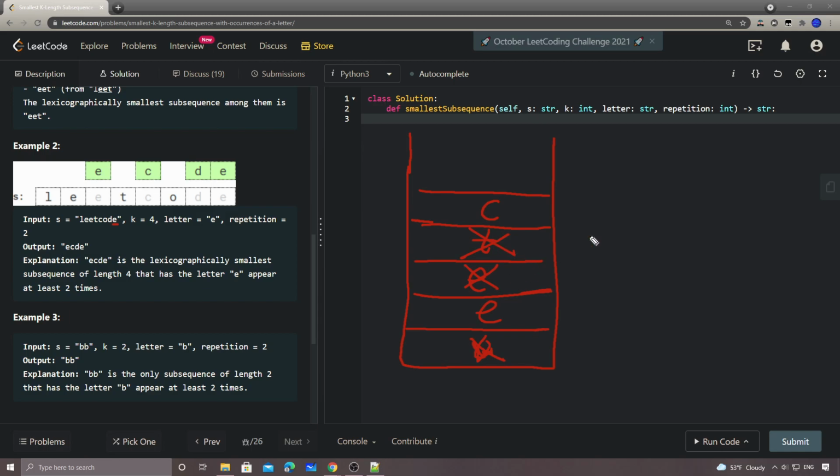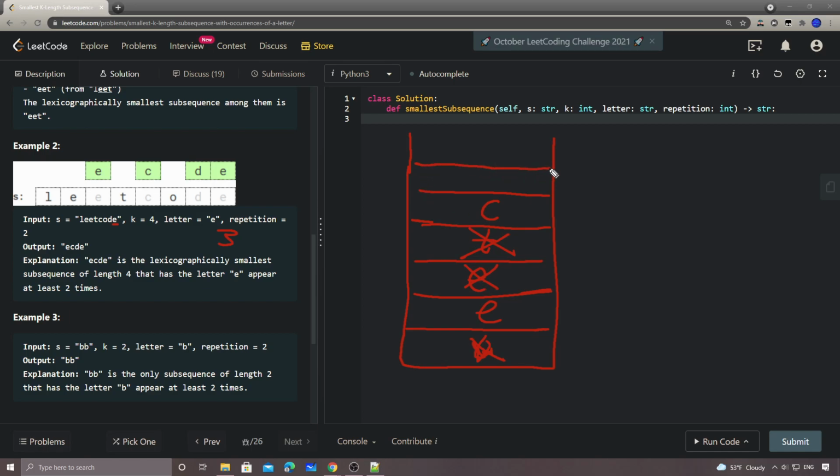That's why we can pop this E out. If the repetition is equal to 3, then we cannot pop this E. So we pop this E out, and the C is also smaller than E, but can we pop this one out? No, because after popping this one, we need 2 E's remaining, but in our case we only have 1. That's why we can only pop this one out.